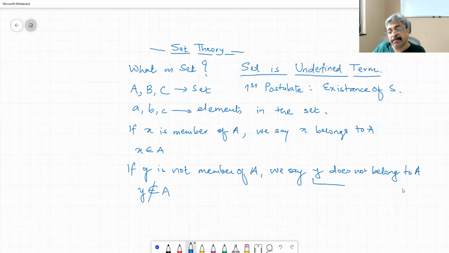Writing the long statement every time is going to be time consuming and boring. Writing the symbol is elegant and less time consuming.